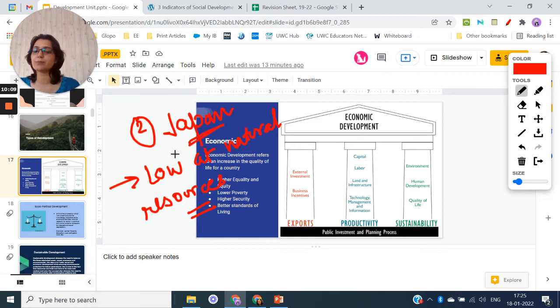So the second example is considered a developed country of the Asiatic region. You can explore the examples on the revision sheet as well. Okay, the second example you can think of is Japan, and the third you can think of is Venezuela.